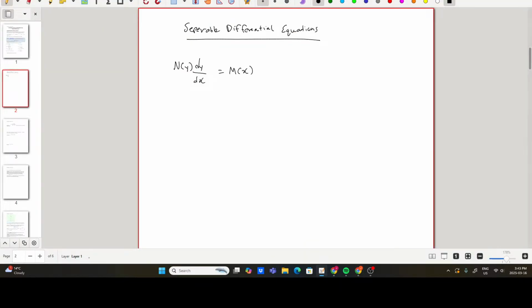Okay, so this is the form that separable differential equations can be written in. You can see that the y is on the left-hand side, x on the right-hand side. Cool.